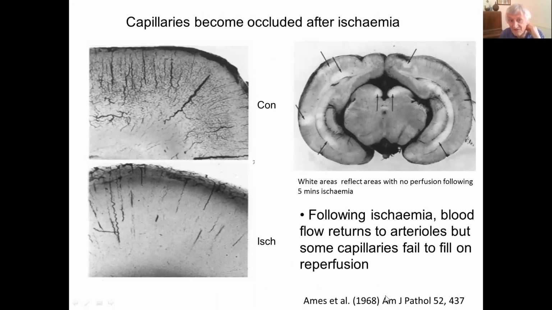He did a classic experiment where he injected India ink into the blood of a rat, I think, and he showed that in control conditions, the India ink goes through all the blood vessels. But if you then do middle cerebral artery occlusion on the animal and then reperfuse the artery for an hour, and then inject the India ink, you find that there are lots of non-perfused regions, as you can see in this diagram on the right here. So although the large vessels reperfuse, some capillaries, many capillaries, fail to refill.